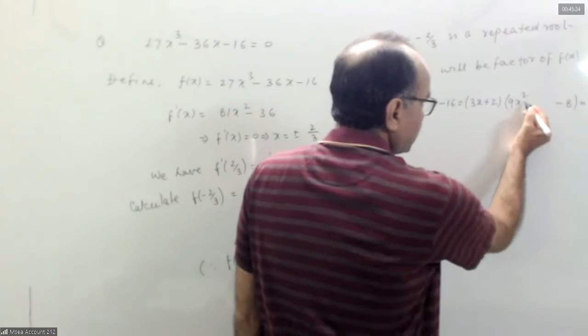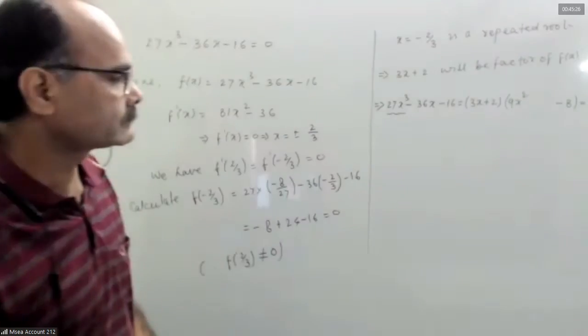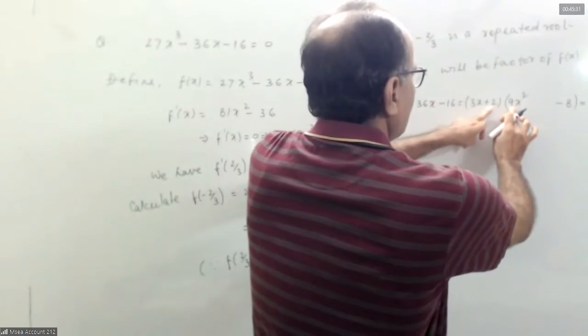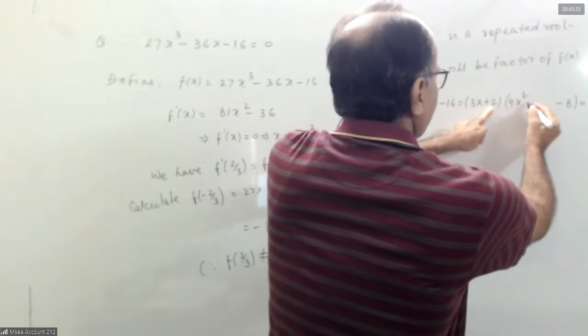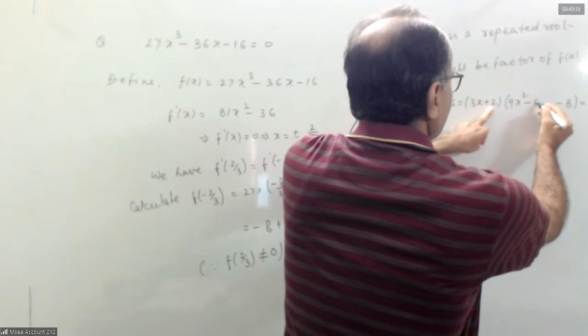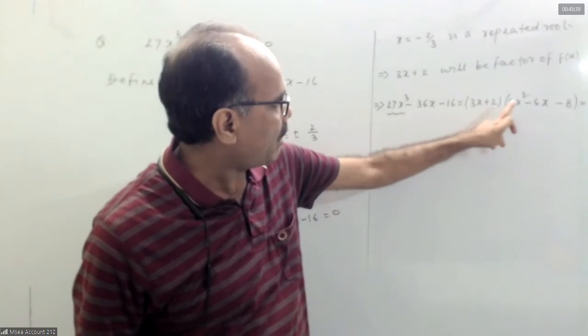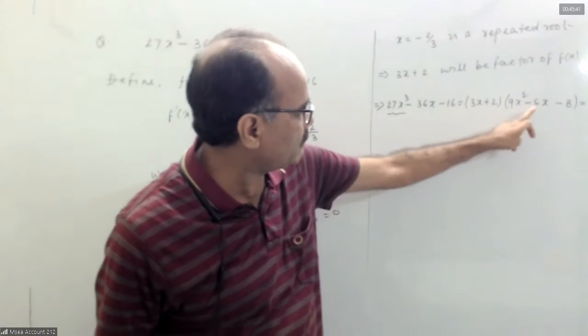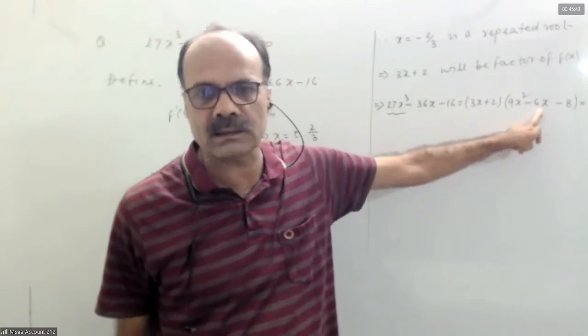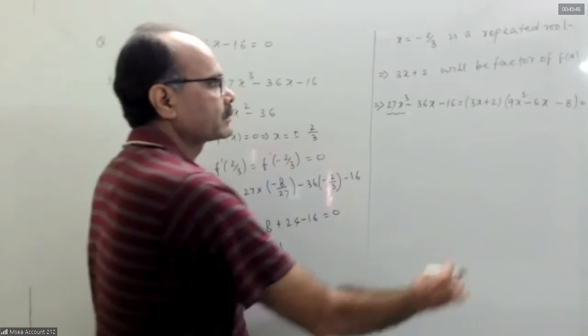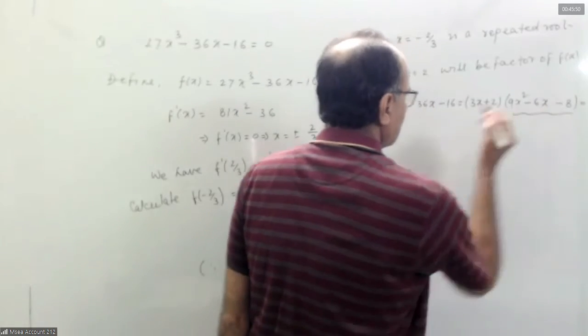It is visible. Now we have to adjust the x square term, which is 0: plus 18x square, minus 6x. How much should we write so that it becomes minus 18x square? So from here we can find the other roots.